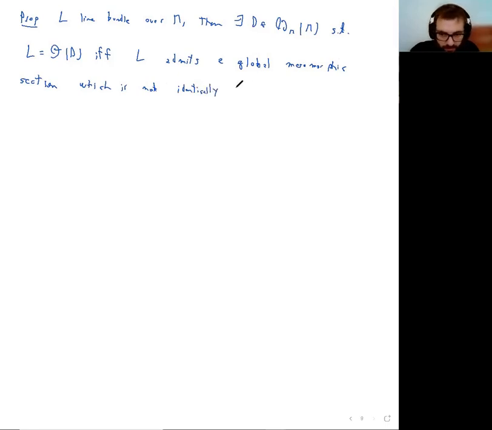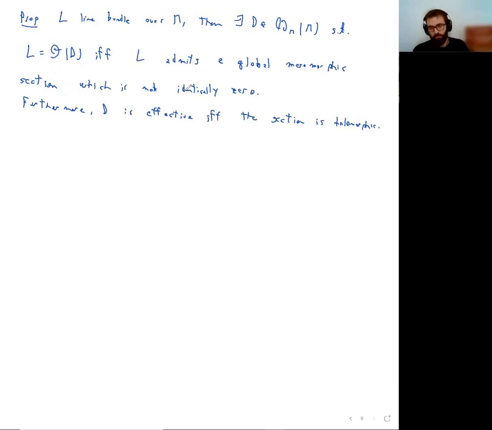And furthermore, D is effective if and only if this global meromorphic section is actually holomorphic. So here we see a bit more of the relationship between line bundles, meromorphic sections, and divisors.